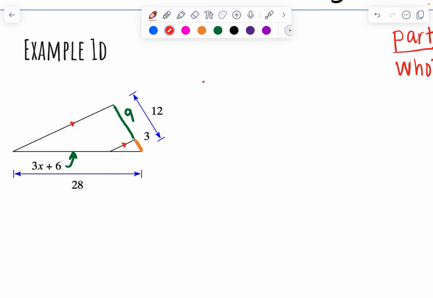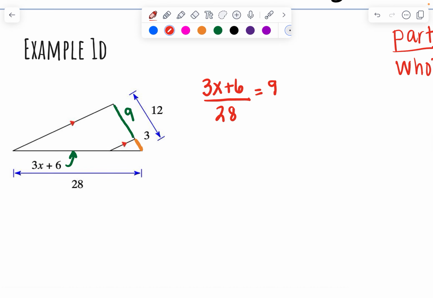If I look at my bottom, the part is 3x plus 6. The whole bottom side is 28. On my right side, the part that I'm dealing with has to be 9 because those are both the longer parts of their sides. 9 and 3x plus 6 are both the longer part of their side of the triangle.